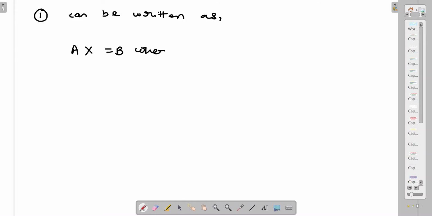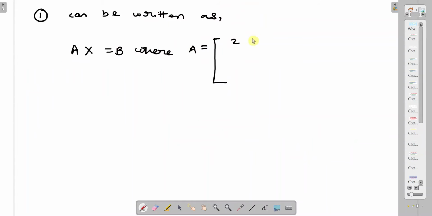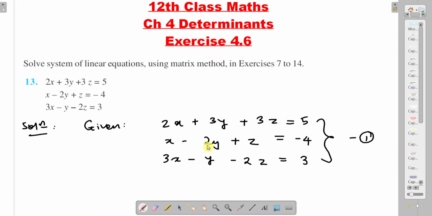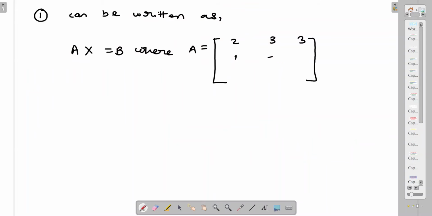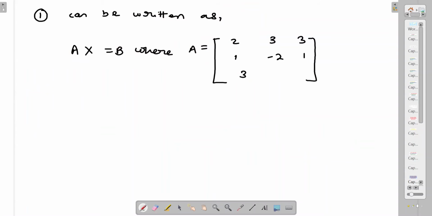Where capital A is the coefficient matrix, so that is 2 3 3. Then the second row is 1 minus 2 1. The third row is 3 minus 1 minus 2.